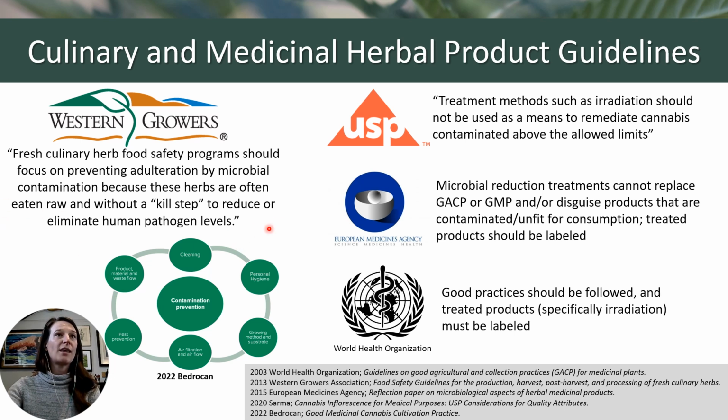So you want to make sure that in your good practices, you have a clean environment, and you're really focusing on contamination prevention, which is also outlined in this diagram from the 2022 Bedrocan document, The Good Medicinal Cannabis Cultivation Practice, which shows that you really need to build this entire ecosystem of prevention: cleaning, personal hygiene, air filtration, making sure that you have a good HVAC and the right number of air circulations per hour, pest prevention, and making sure that you are cleaning up dead and dying plants.